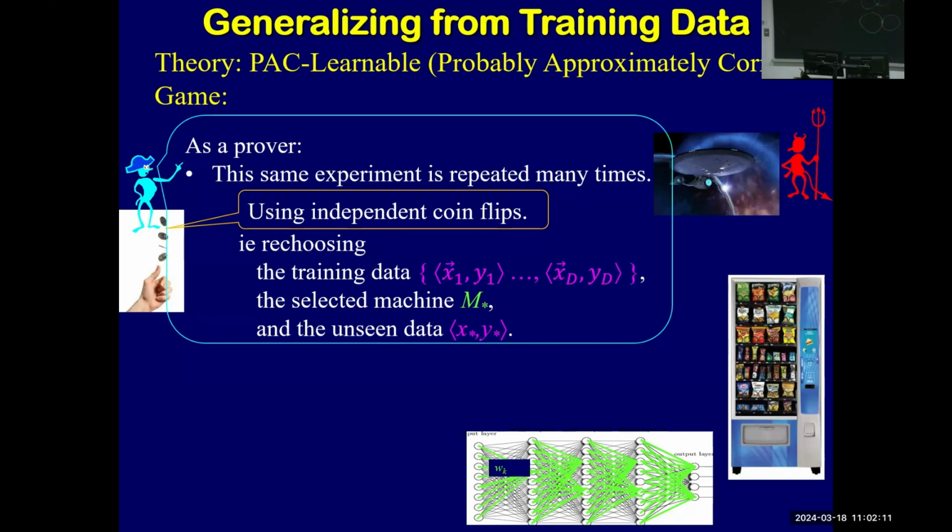Now, anybody have any intuition here? Your machine is chosen so it does well on this training data, right? Why should it possibly do better on data it's never seen before? Yeah, exactly.